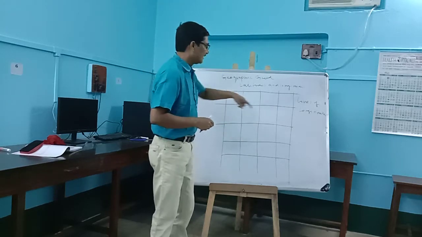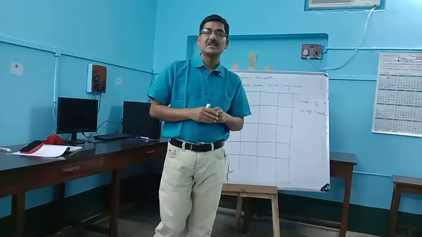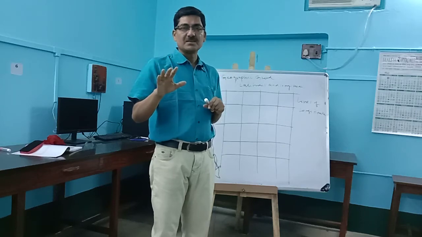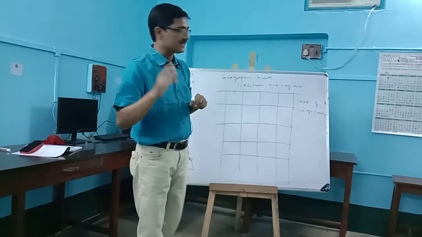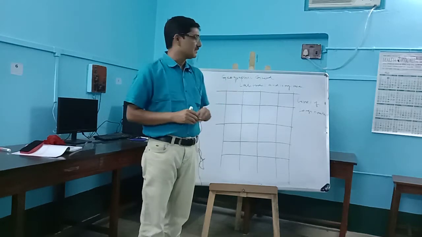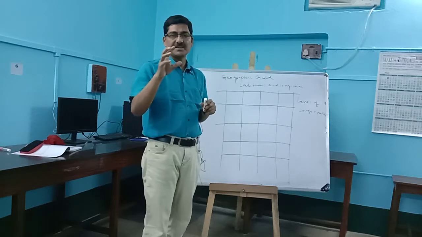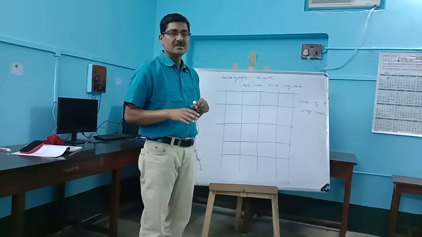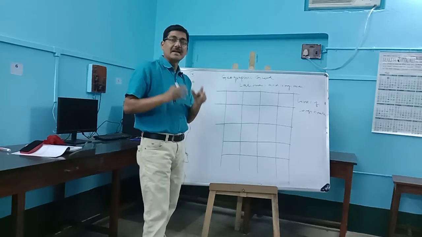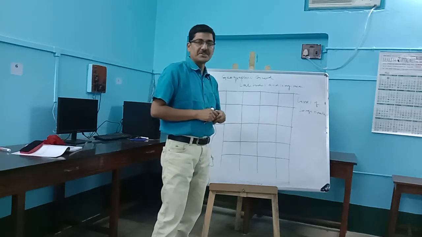On the basis of these reference lines, we locate any place on the earth. Not only that, Eratosthenes, the first scientist who measured the circumference of the earth, had devised the lines of latitudes and the longitudes.